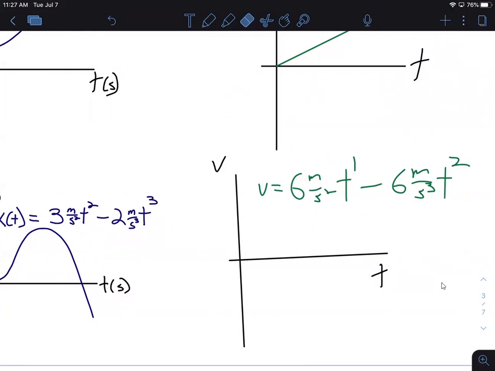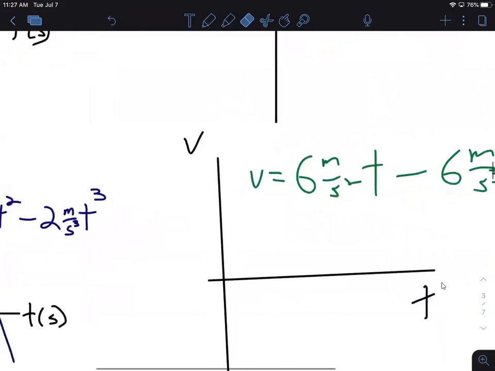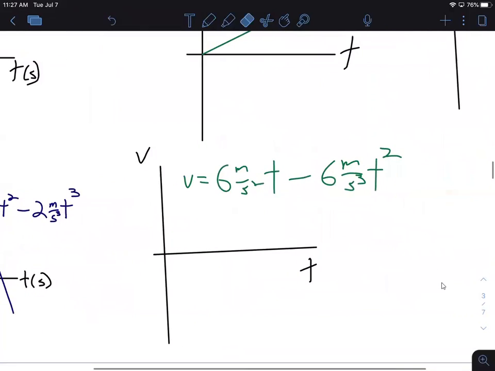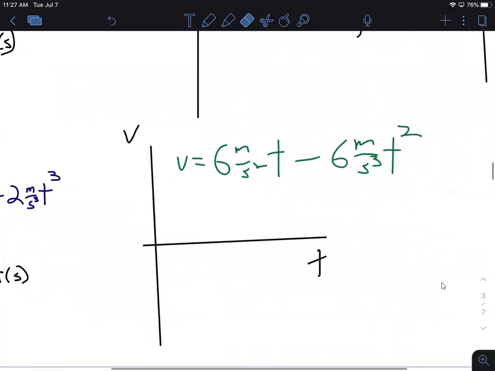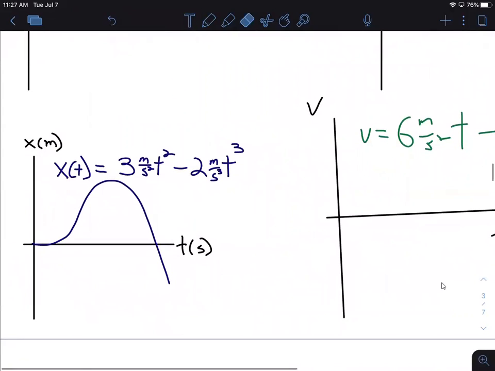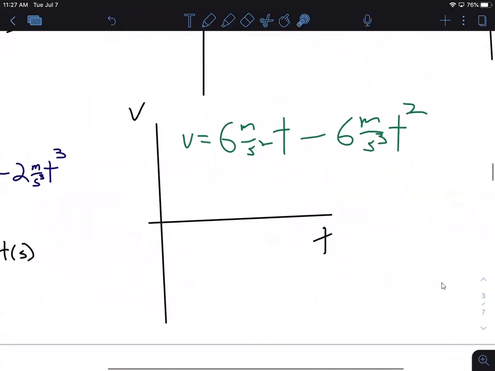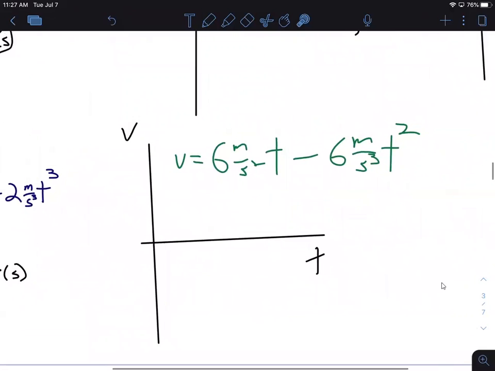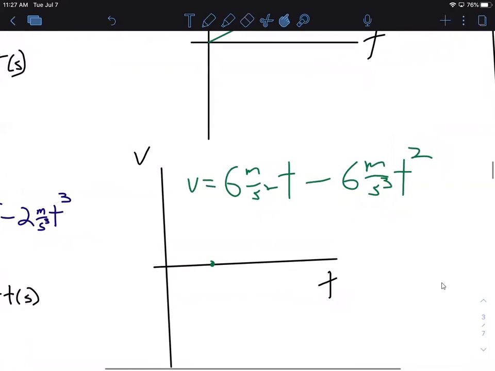All right, now let's get rid of this. What does that look like? That's kind of funky looking. You can see this position graph was pretty funky looking as well. When is this 0? This is 0 when t is 1, because then I get 6 minus 6. And then the t squared is bigger than just t, so then it gets negative because of this minus here.